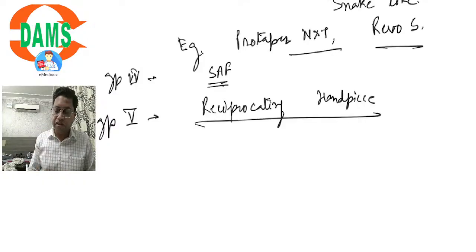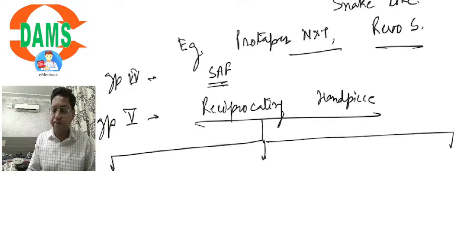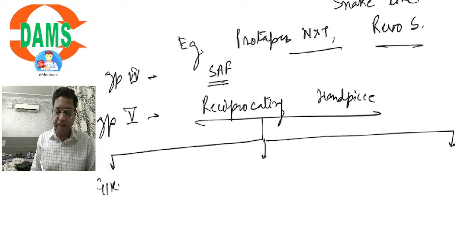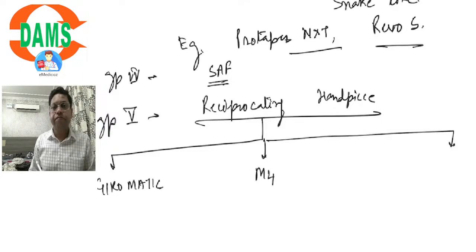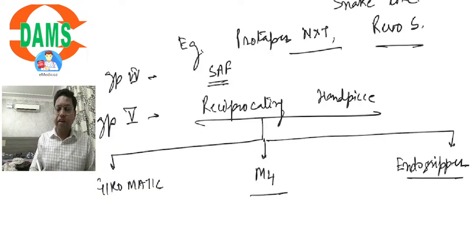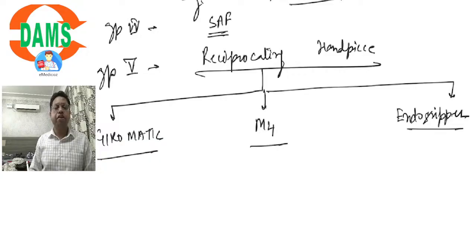to and fro motion. Three prominent examples of reciprocating handpieces are Gyromatic, M4, and Endo-Gripper.